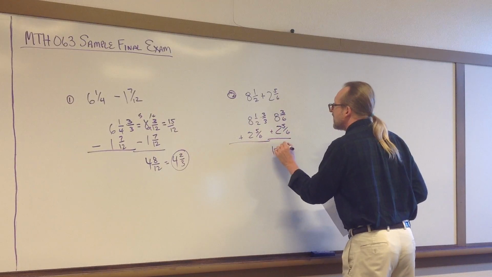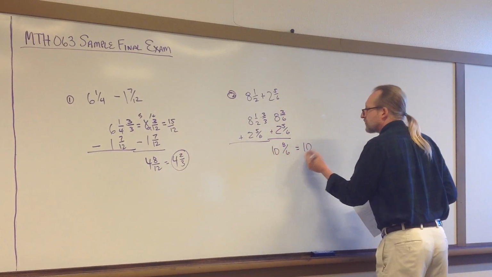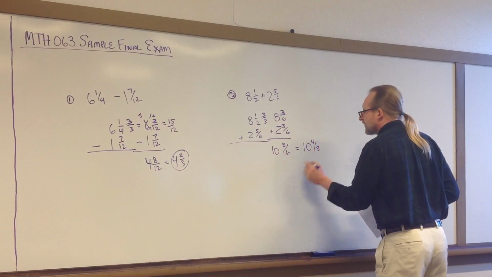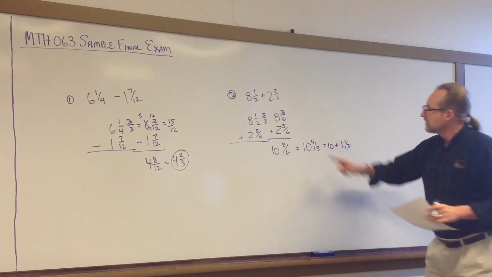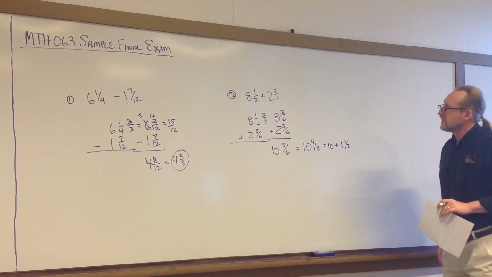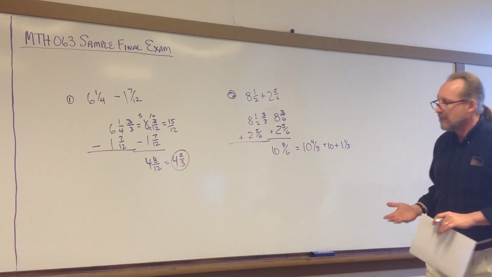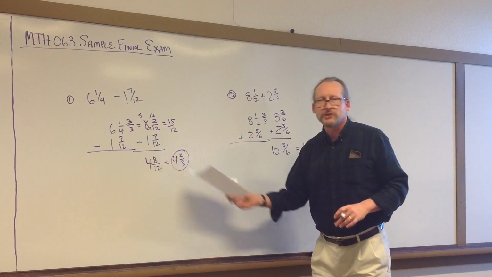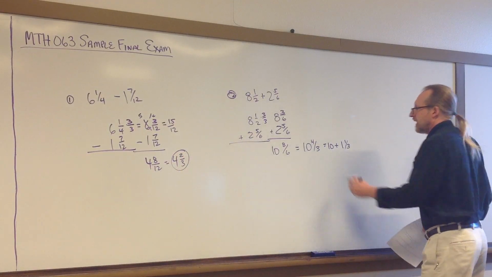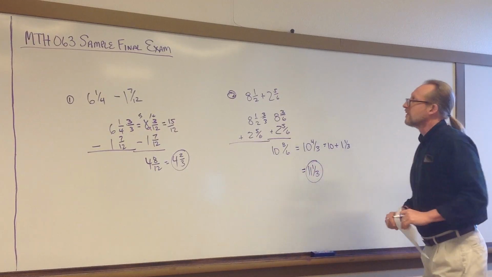So that's going to be 10 8/6. We can reduce it to 10 4/3, but then we also want to eliminate that improper fraction in the mixed number. There's nothing wrong with improper fractions, but if you're going to use a mixed number, then this fraction should be less than 1. And so our final answer here should be 11 1/3.